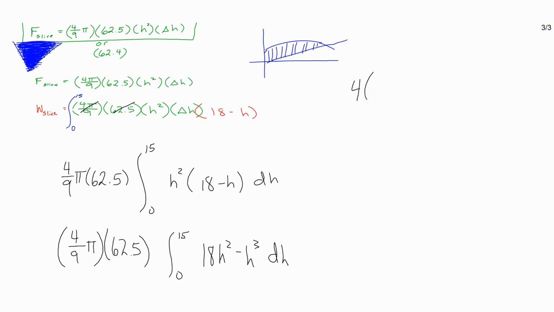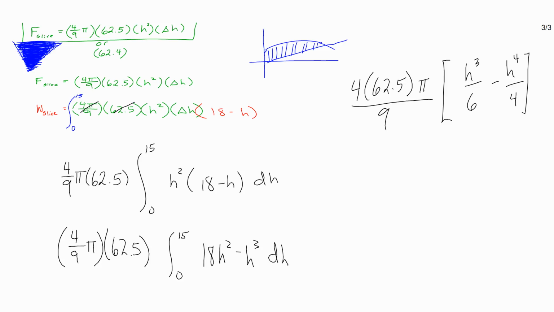Four times 62.5 times pi over 9, and that's going to be brackets 18h to the third over... somebody help me out, h to the third over 6 over 3, I think it is, minus h to the fourth over 4, evaluated at 0 and 15. I'll do 0 for y'all.